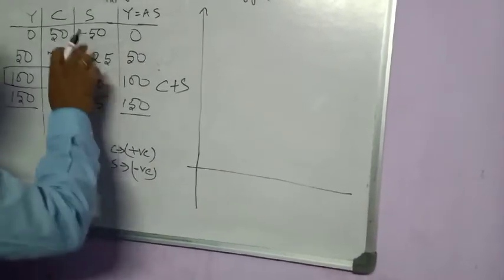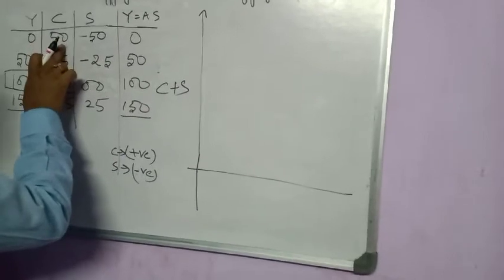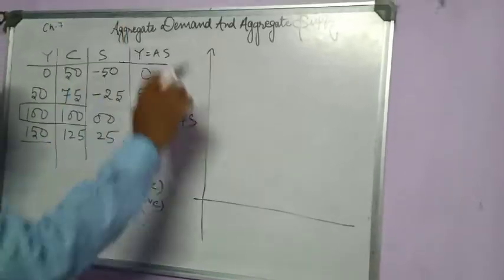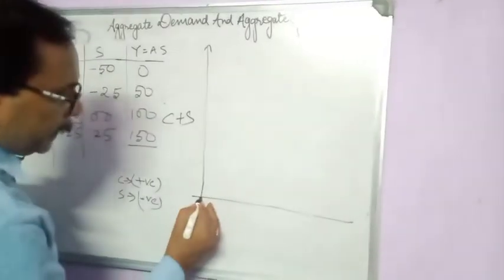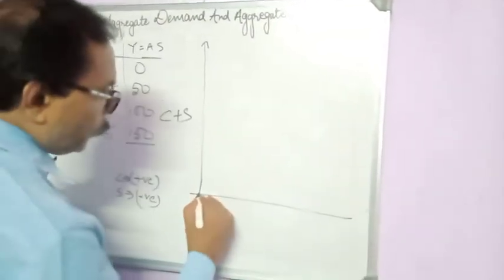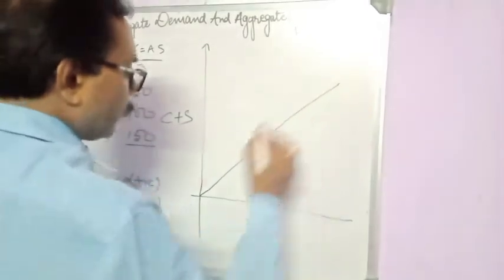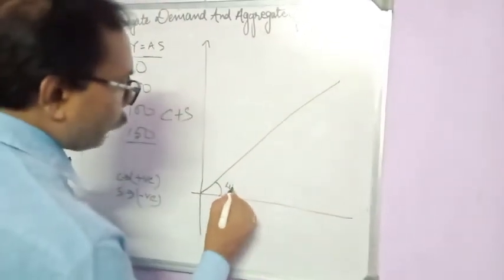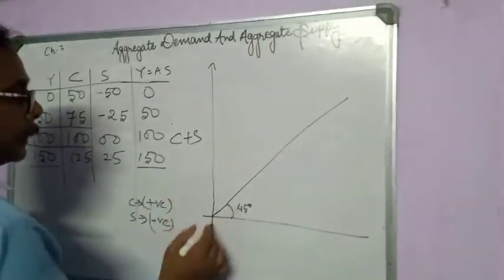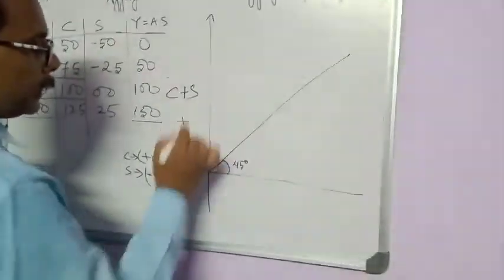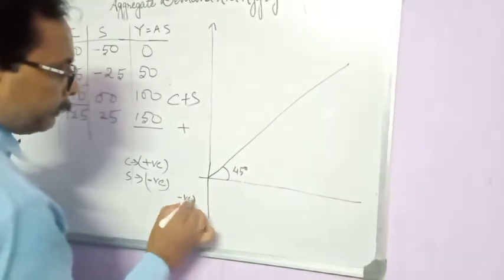Clear? Here consumption is positive and the saving is negative when the income is 0. So what does it indicate? As I told you, the income line is at an angle of 45 degrees. Clear? So this is the positive area and this is the negative area.